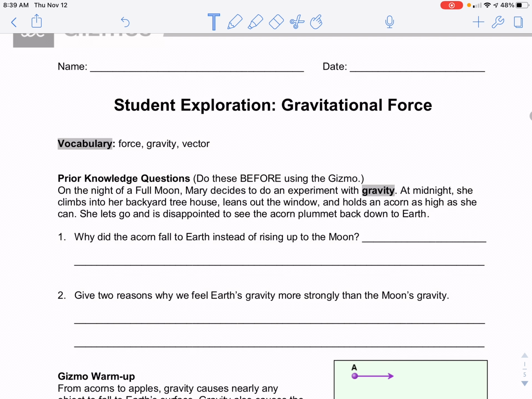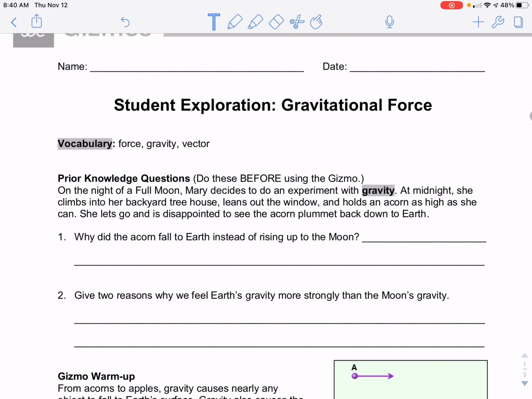In the prompt, it says, on the night of a full moon, Mary decides to do an experiment with gravity. At midnight, she climbs up into her backyard treehouse, leans out the window, and holds an acorn as high as she can. She lets go and is disappointed to see the acorn plummet back to the earth. Number 1.